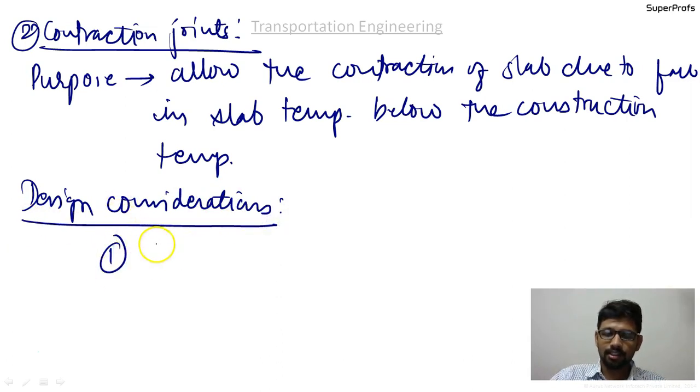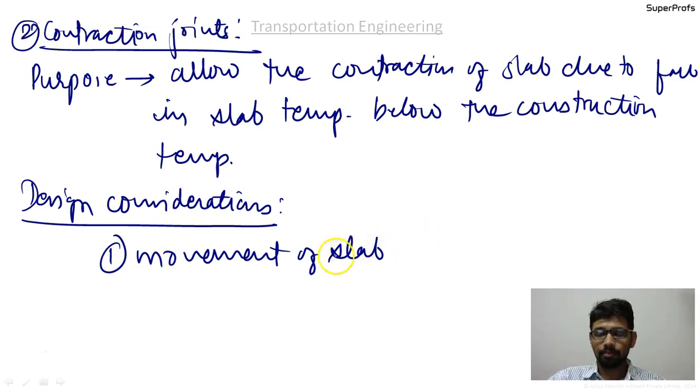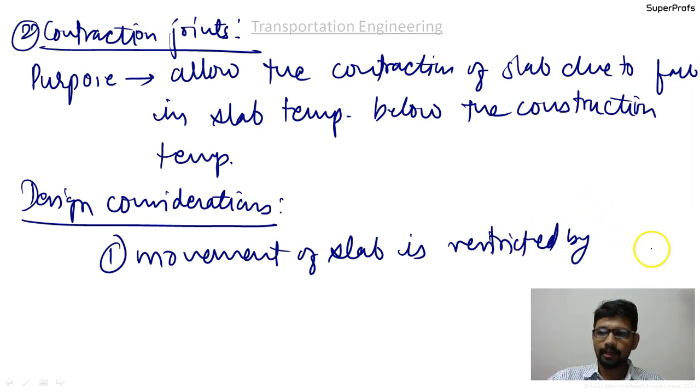Okay guys, so the design considerations are: first design consideration is that movement of the pavement slabs is restricted by subgrade friction.